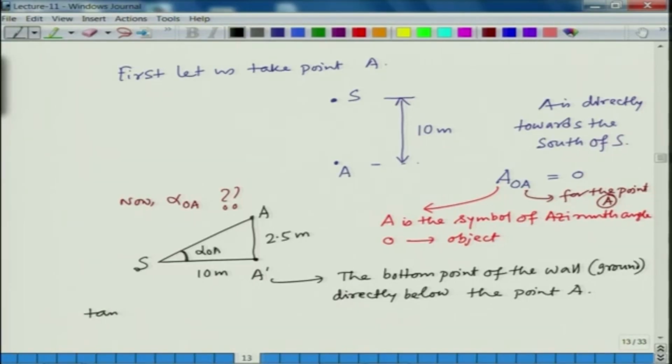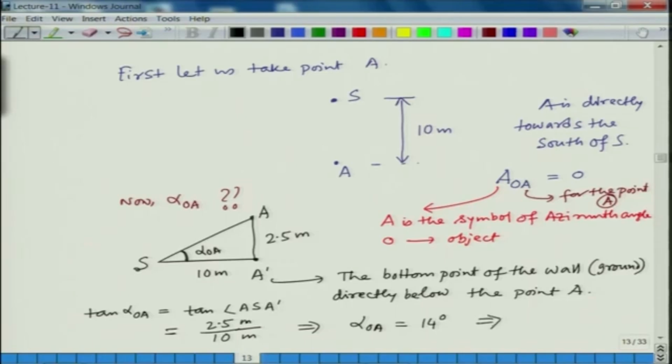Tan alpha OA is nothing but tan of angle A S A prime, and that tan is 2.5 meter divided by 10 meter. From here you can get this alpha OA is nothing but 14 degree.